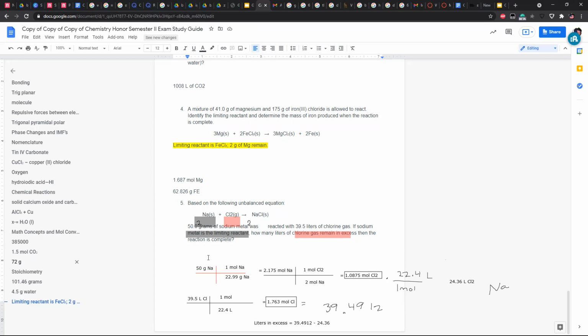And let's find out what that is. So we get a final result of 15.1312 liters in excess. So that right there is our final answer. That took a while.